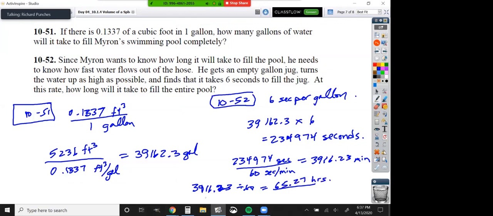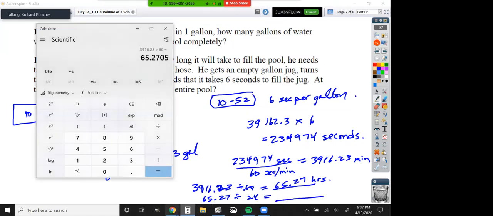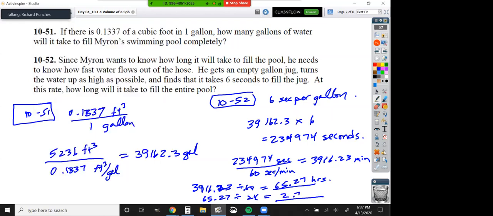And let's take that and divide it by 24, and we'll see how many days it takes. So if we take that number divided by 24, we get 2.72 days. Almost 3 days to fill that pool. That's a lot. All right, get that hose running.